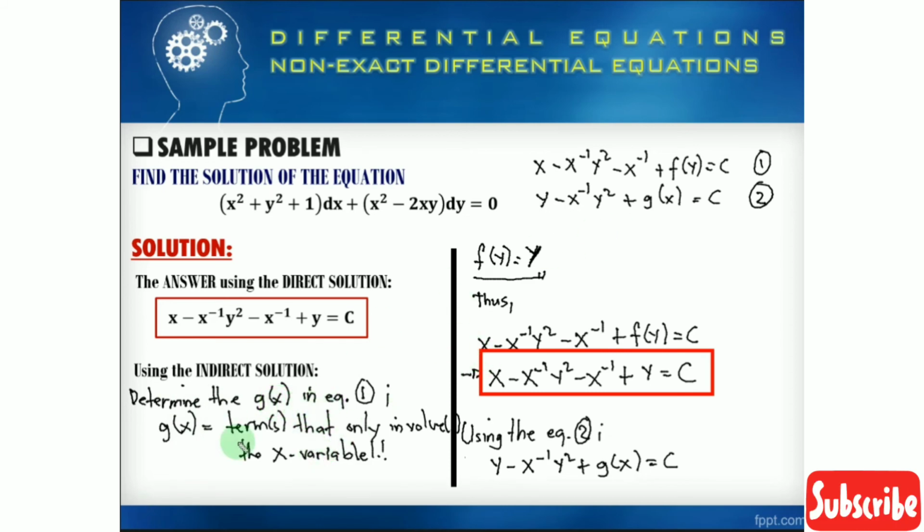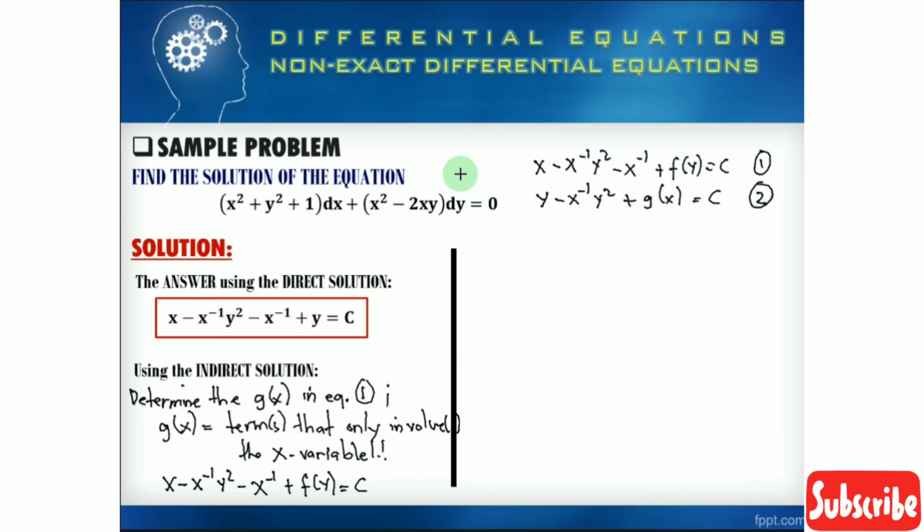So from equation 1, we have x minus x raised to the negative 1 y squared minus x raised to the negative 1 plus f as a function of y is equal to c. By this we are going to determine the j as a function of x.